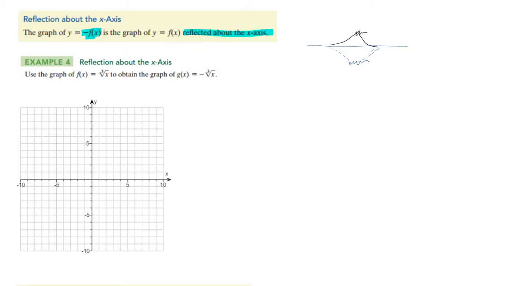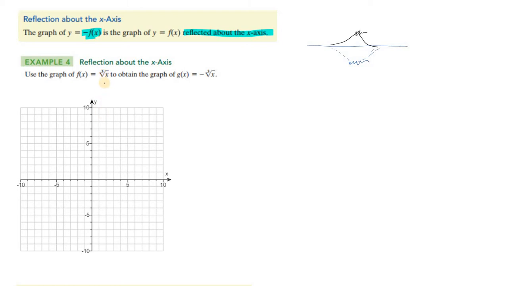Alright, so let's go ahead and try example 4. So example 4, reflection about the x-axis, we have f of x equal to cubic root of x. So in this case, again, you can plug in a couple points. Since you guys already done this many times, I'm just going to go ahead and write down what's going to happen.